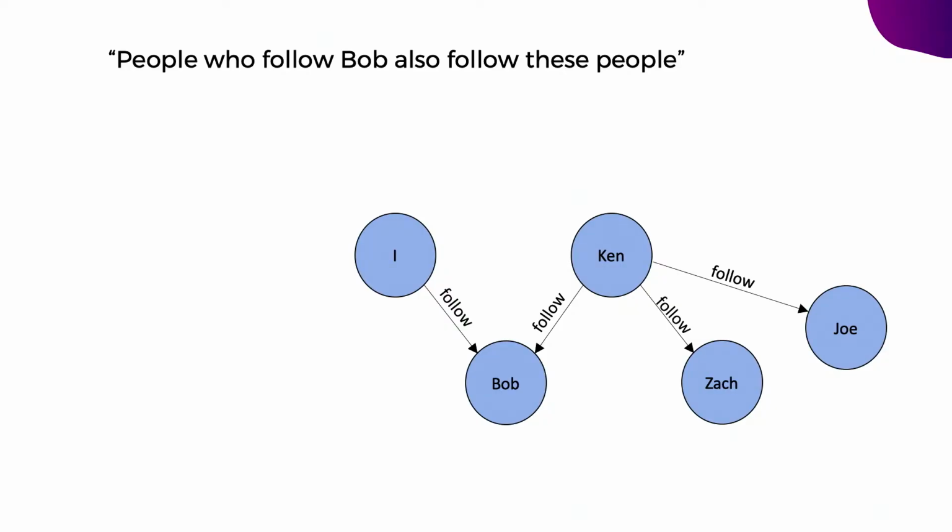People who follow Bob also follow these other people. Let's say I'm following Bob right now. Ken is also following Bob, as well as Zach and Joe. On the graph, it's pretty straightforward. We know Zach and Joe are our target results.